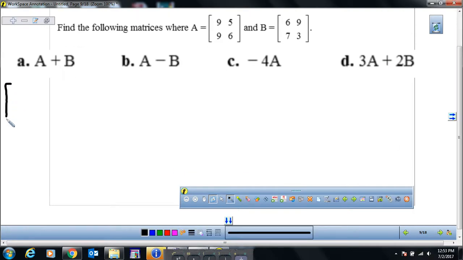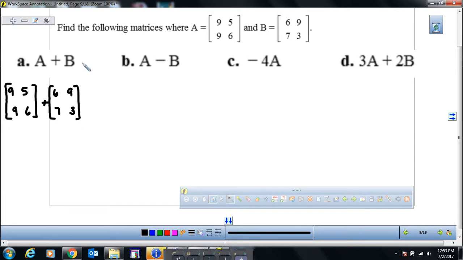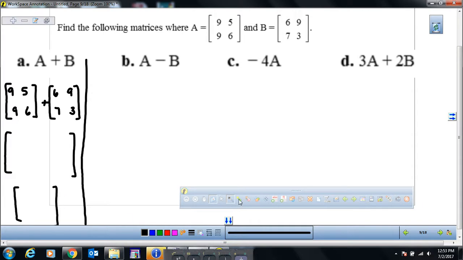Meaning we're going to add matrix A, which is 9, 5, 9, 6, plus matrix B, which is 6, 9, 7, and 3. We're just going to add them to each other. And according to the definition, remember that we must add the corresponding elements.